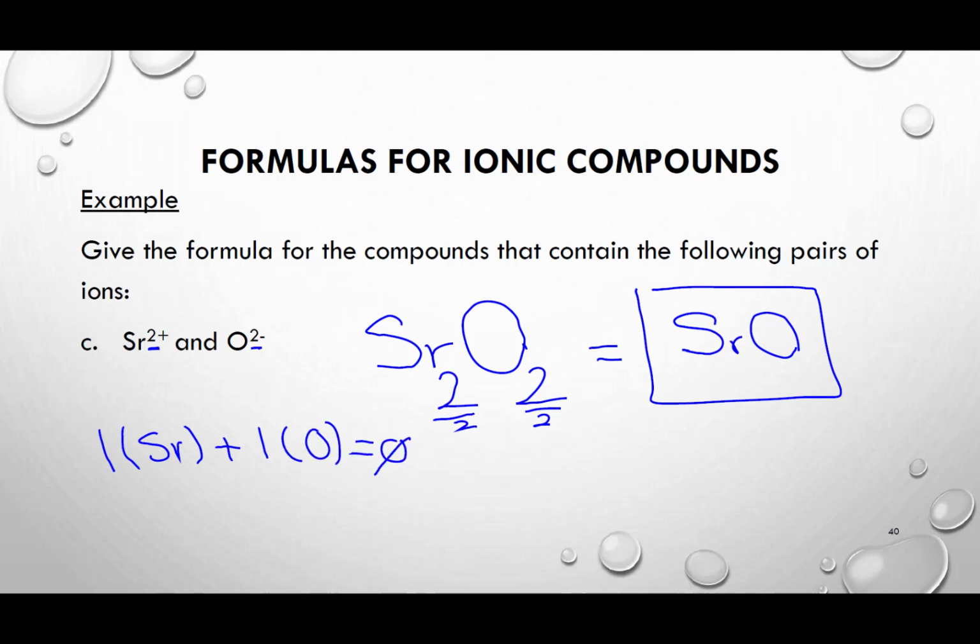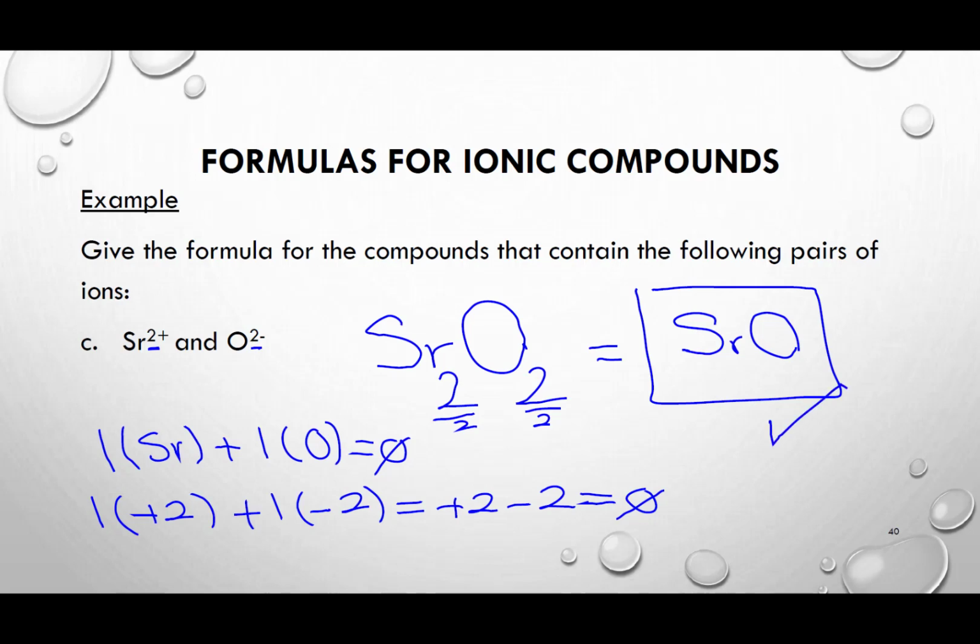The charge on the strontium is +2, the charge on oxygen is -2, and as you can see, +2 -2 is 0. That means the sum of the charges is 0, and you've done a good job.